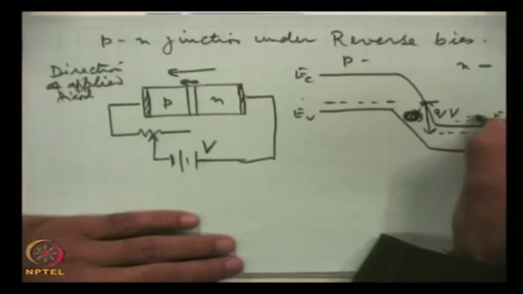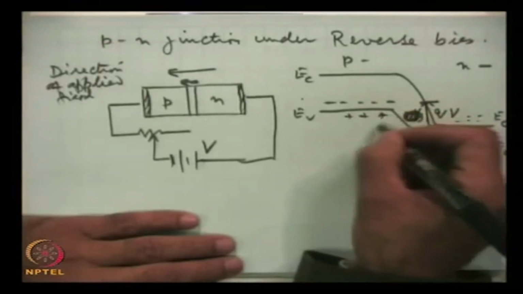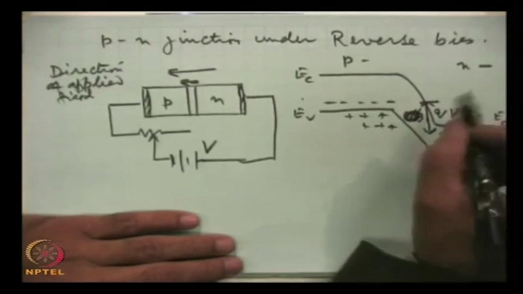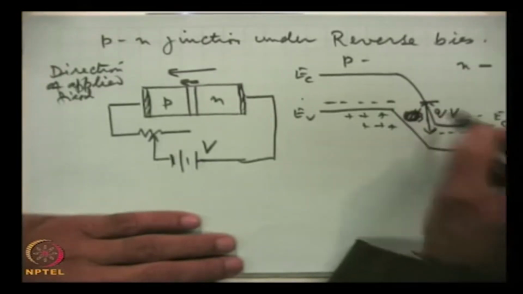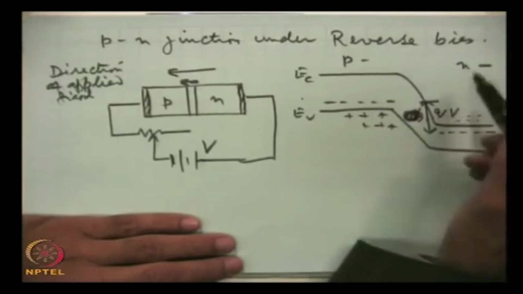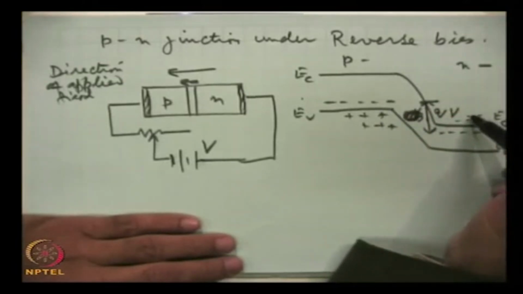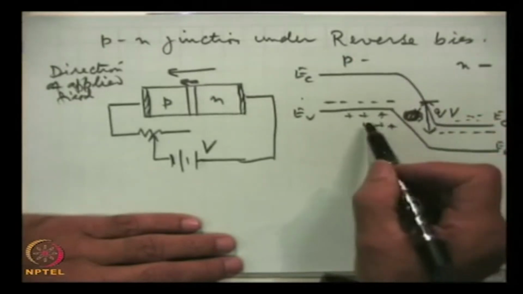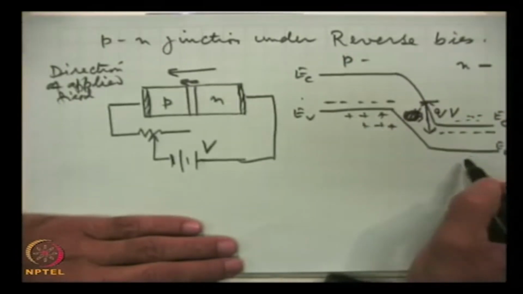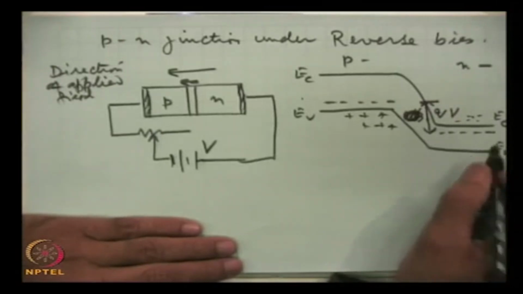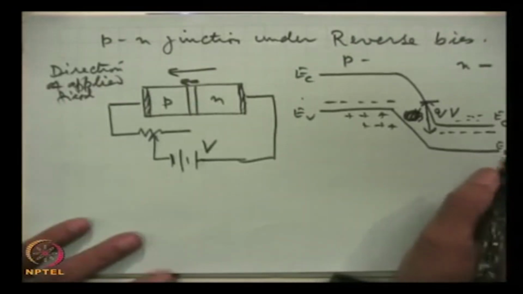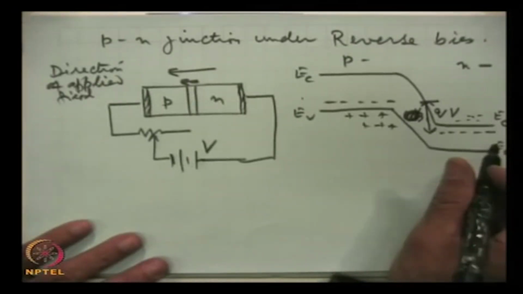So, here these electrons and these holes will not be able to diffuse at all on the opposite sides. That means, electron will not be able to move to the p side, holes will not be able to move towards the n side, and hence majority charge carriers do not take part in the current.